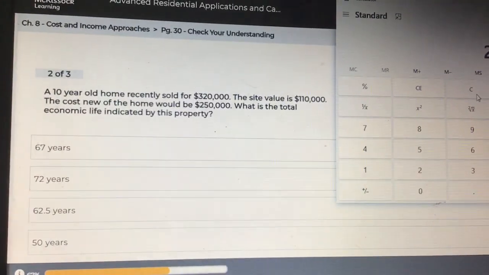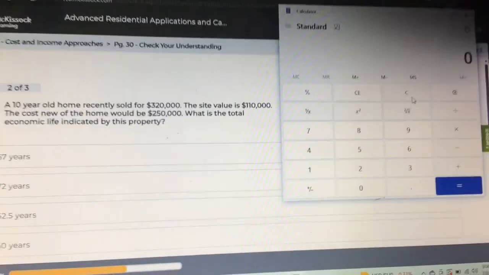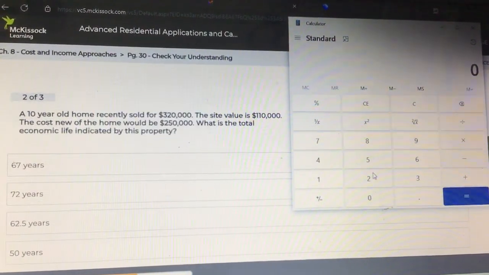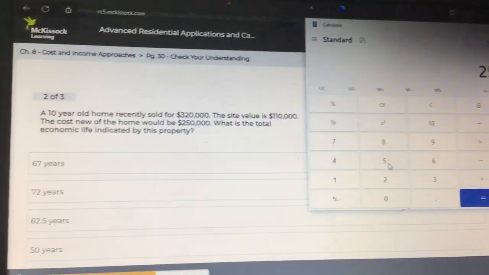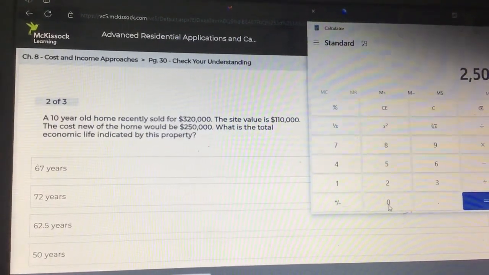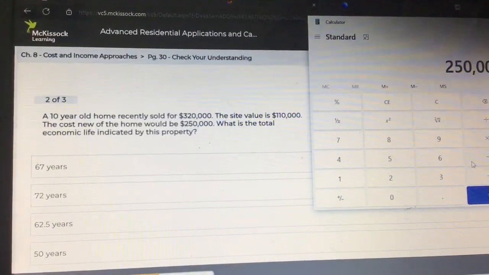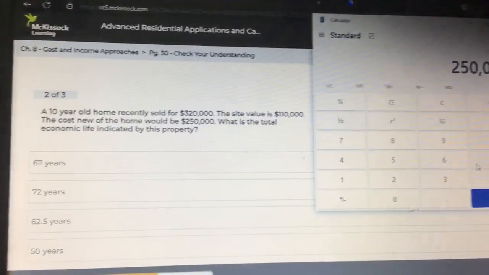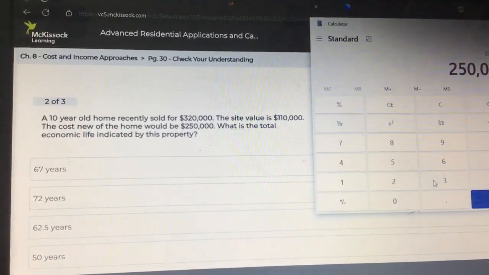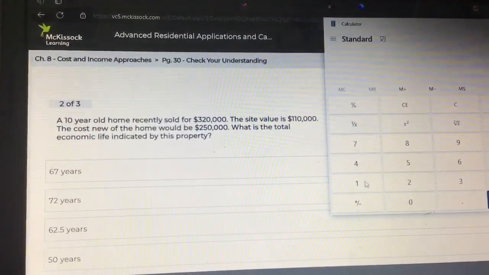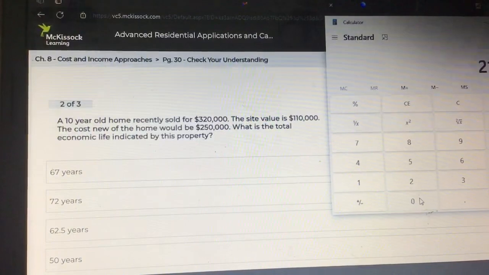You clear your calculator, and then enter whatever the cost new of the home would be, which is $250,000. You minus the depreciated cost we just came up with in phase 1, $210,000.